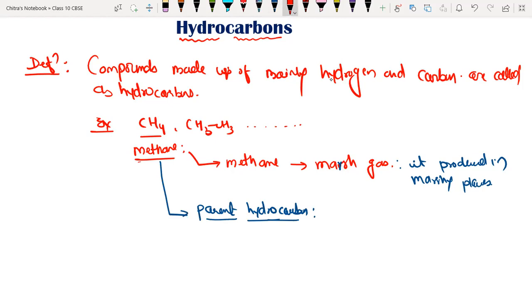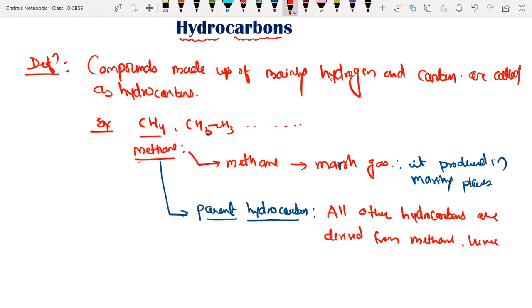So I'm writing here: all other hydrocarbons are derived from methane only. Hence methane is so called the parent hydrocarbon.